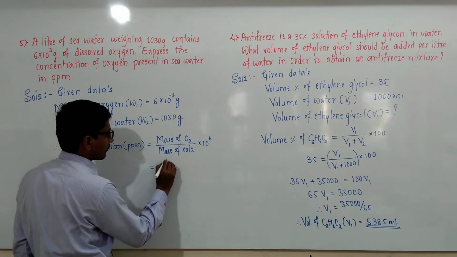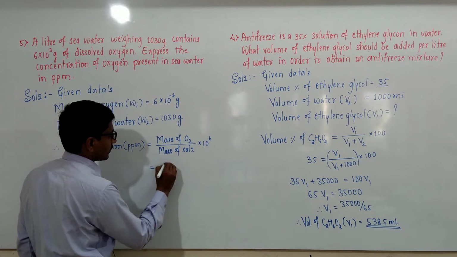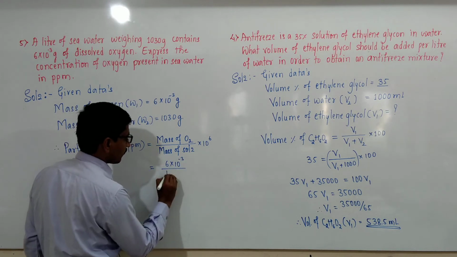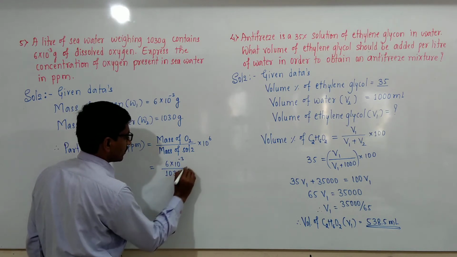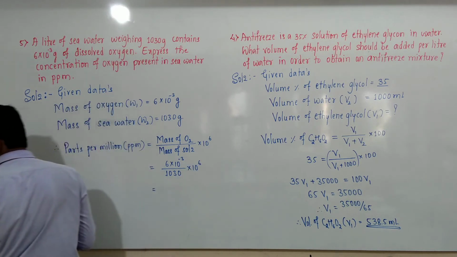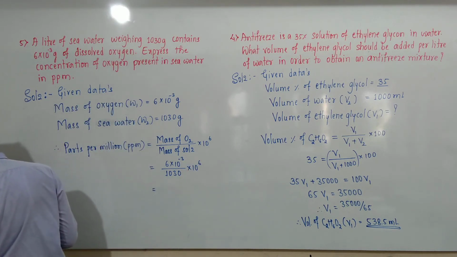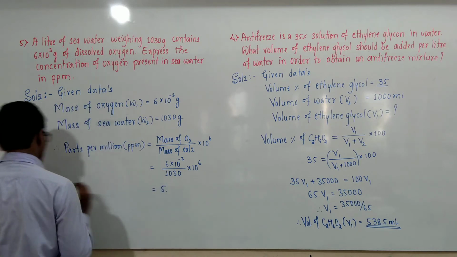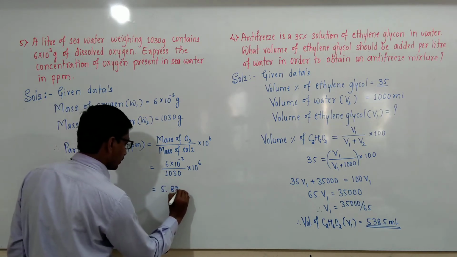This is 6 into 10 raised to minus 3 divided by 1030 into 10 raised to 6, and this becomes 5.825.